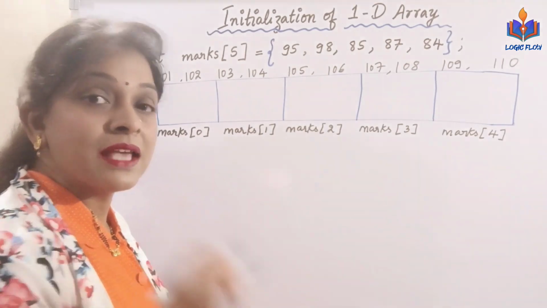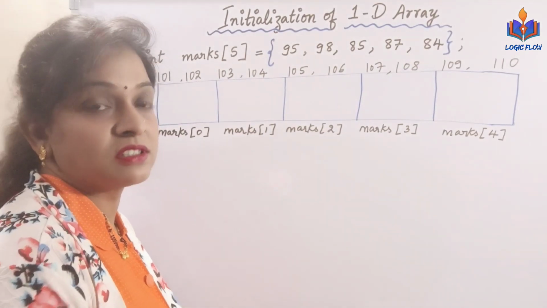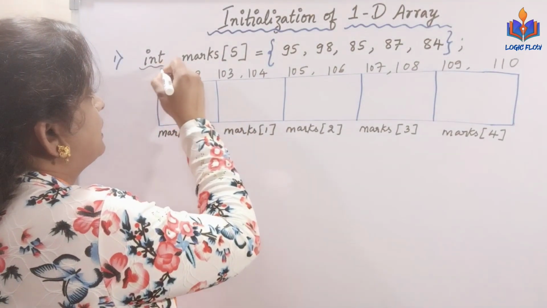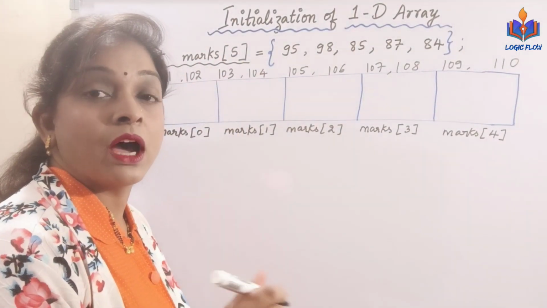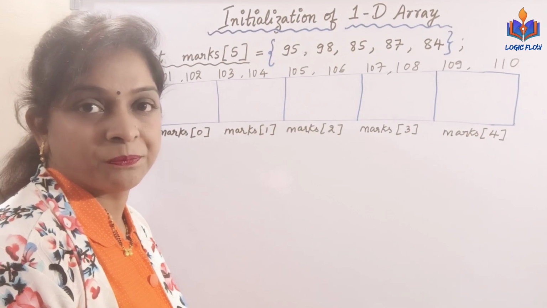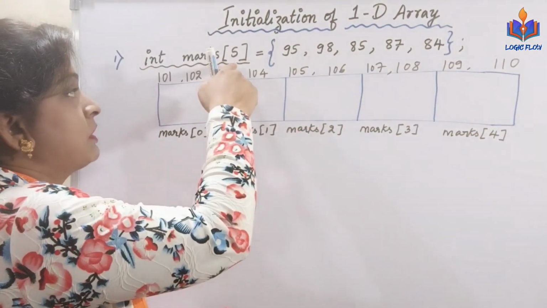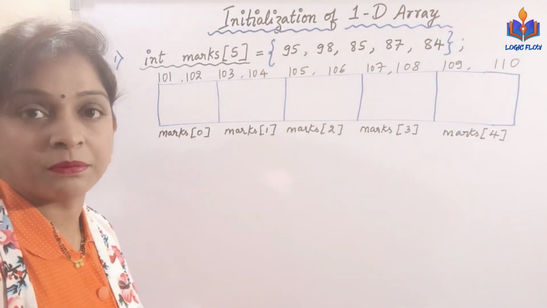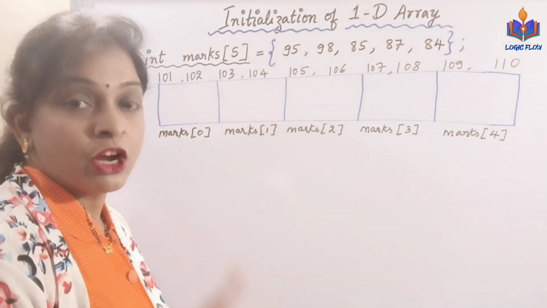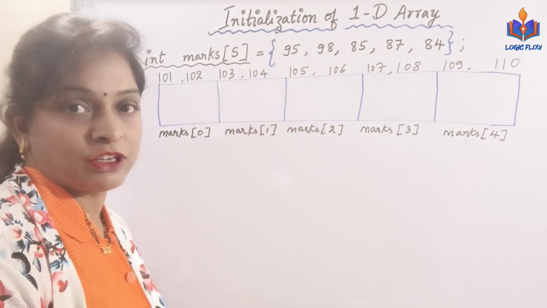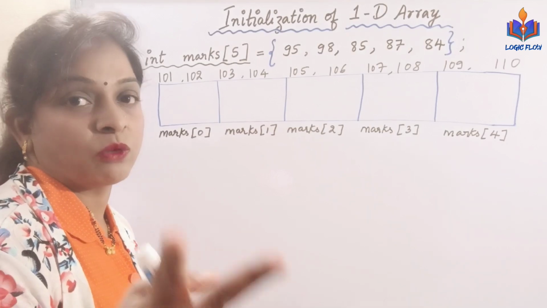Now, as soon as the compiler encounters this array variable declaration statement, it is going to allocate the memory depending upon the dimension and data type. The dimension is 5 and the data type is int. To store one integer value on a 16-bit machine, it requires 2 bytes.